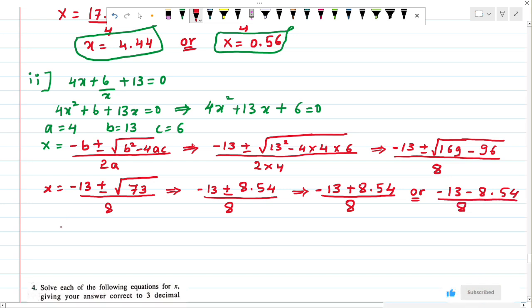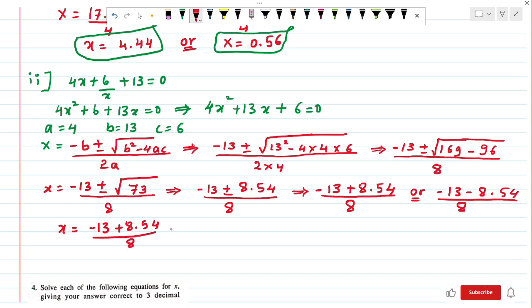If I simplify the first, I'll get minus 13 plus 8.54, which is minus 4.46, divided by 8.